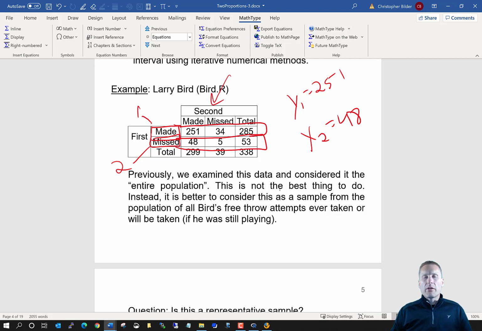what we're going to do is measure the probability of success, or the proportion of successes, for that second attempt. If you remember in our discussion in the past, that was a very important thing to examine, at least for basketball fans.